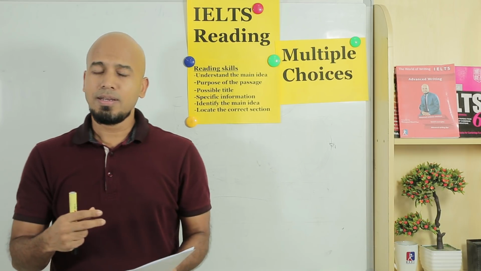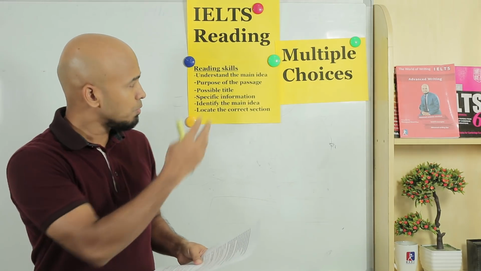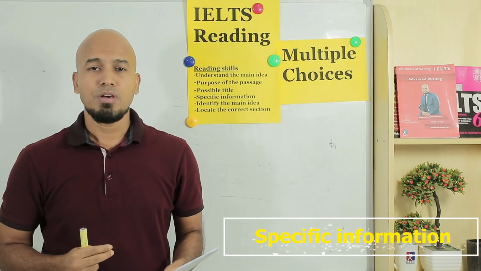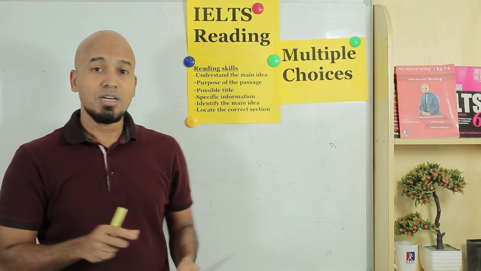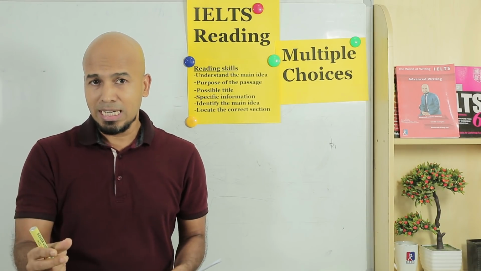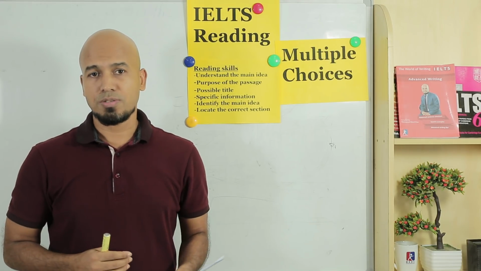There is another main reason for multiple choices: so that we can find the specific information from the passage. Also, we need to understand the correct location, so that we can find it very quickly and answer the questions, especially the multiple choices.